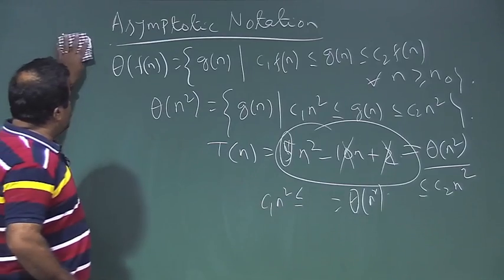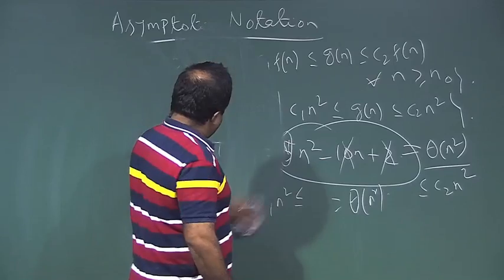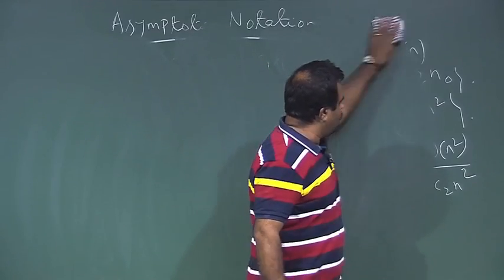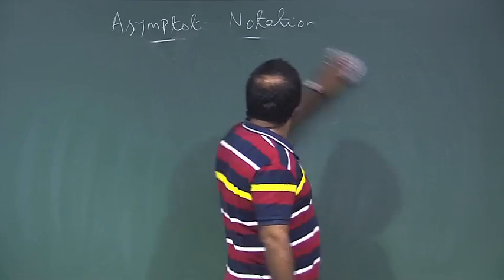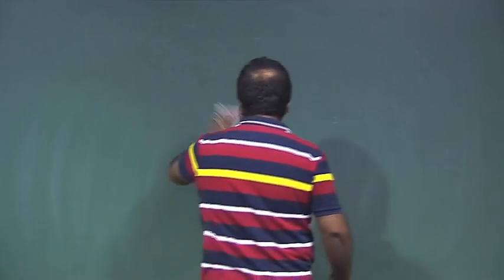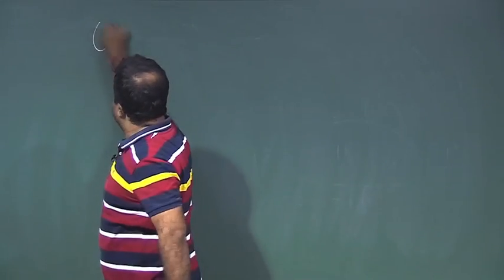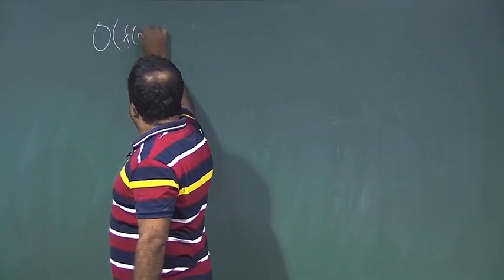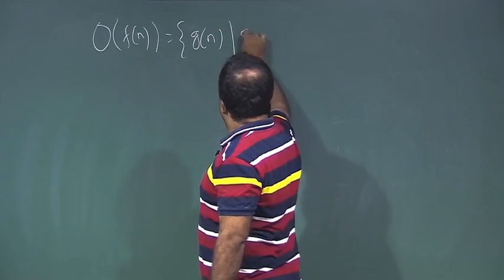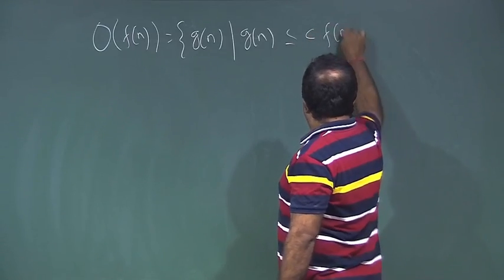Now we talk about big O. What do we mean by big O of n square or big O of n cube, big O of any function? Big O is basically bounded above. So big O of f(n) is basically the set of all functions g(n) such that g(n) is less than some C times f(n).